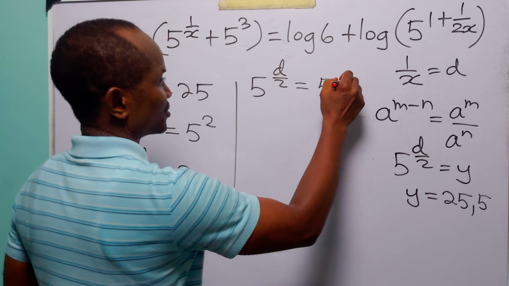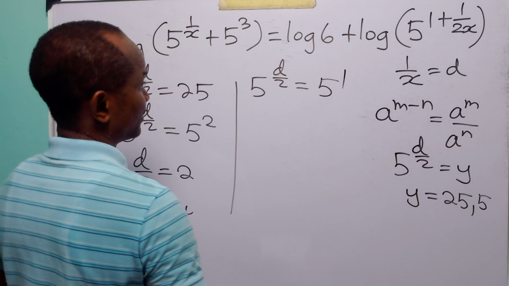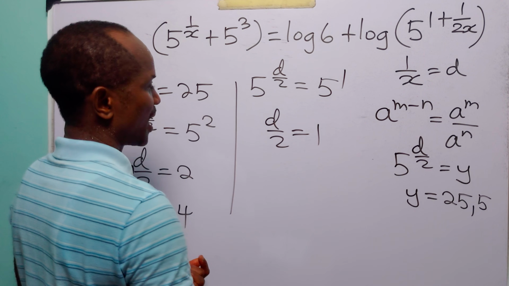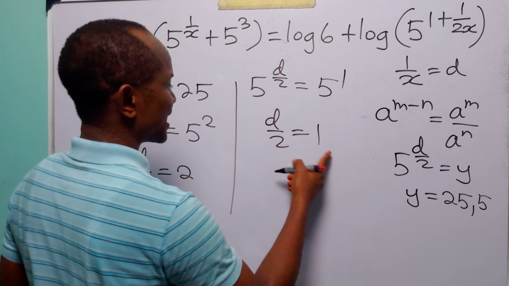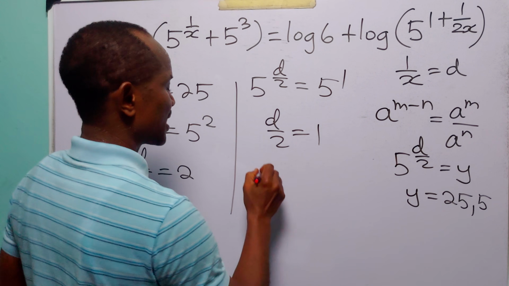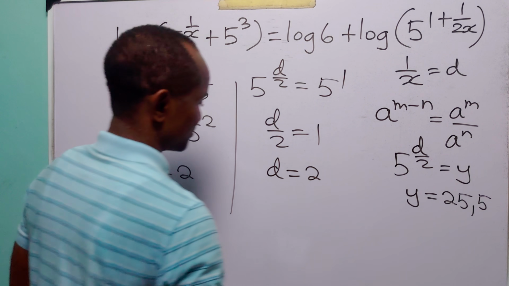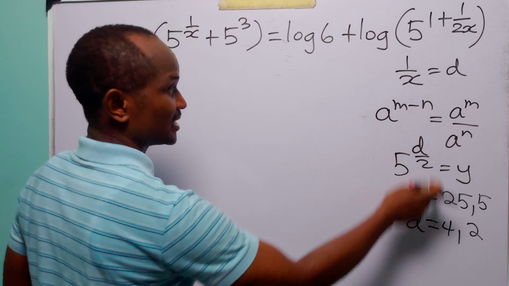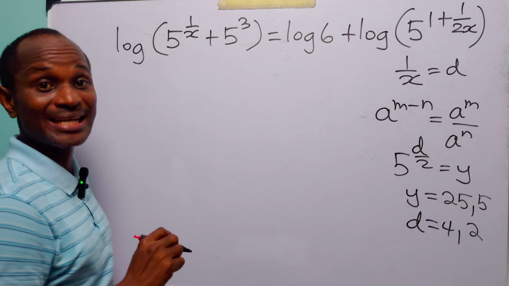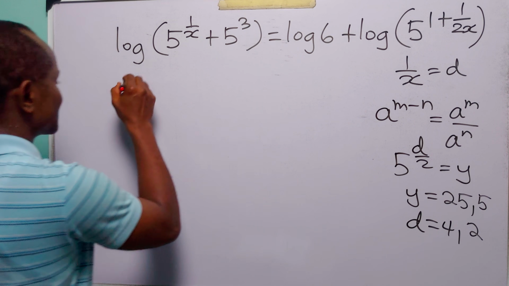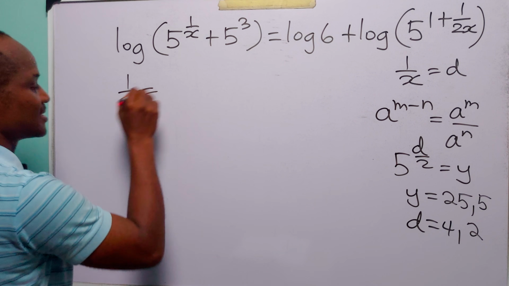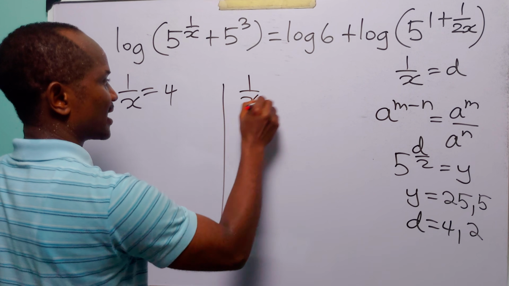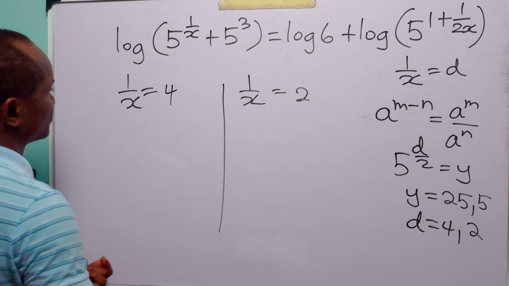Now, in this case, of course, you know that this is 5 to the power 1. So we have that d over 2 is equal to 1. Once more, multiplying both sides of this equation by 2, we have that d is equal to 2. And finally, now that we have the values of d, we go back to this equation to find the values of x. We have that either 1 over x is equal to 4, or 1 over x is equal to 2.